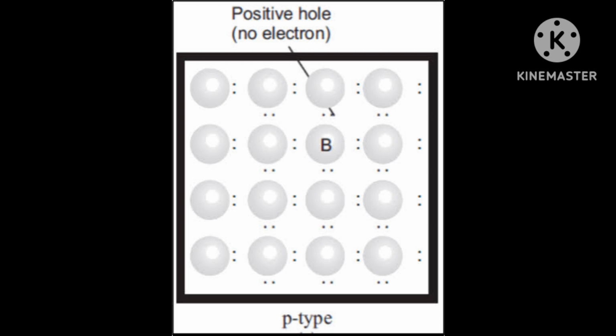Typical compounds of group 13 and 15 are, I'm telling that combination 13 and 15. First example, indium and antimony, InSb; Sb means antimony.